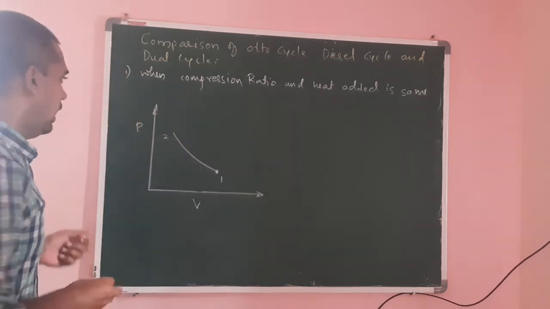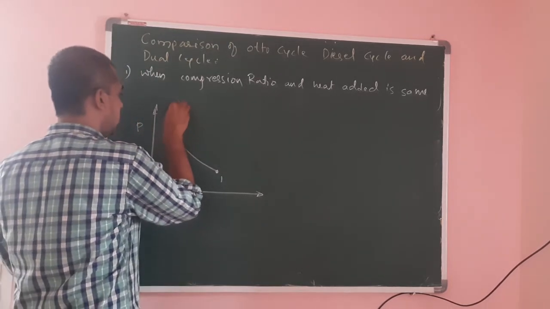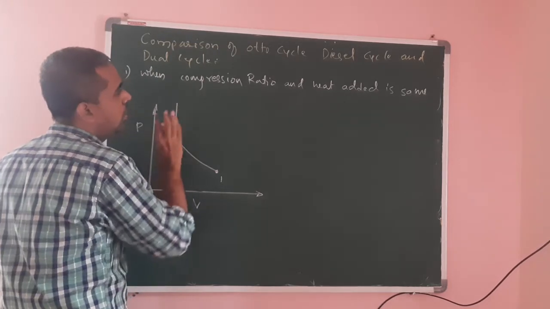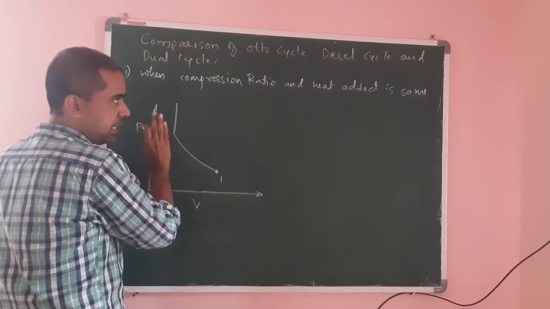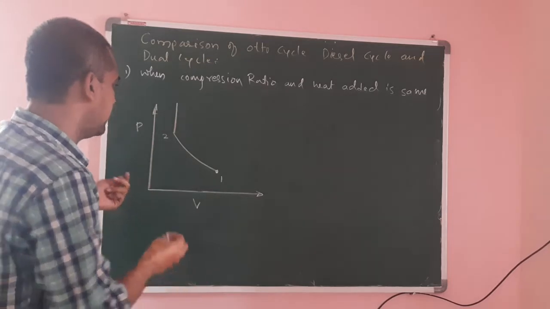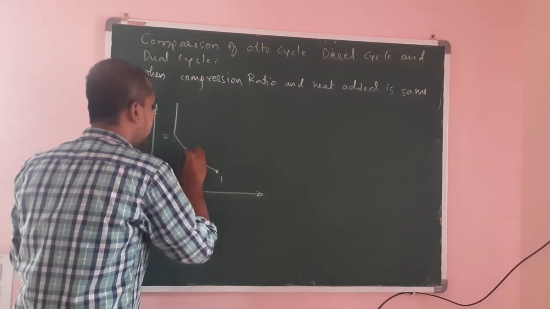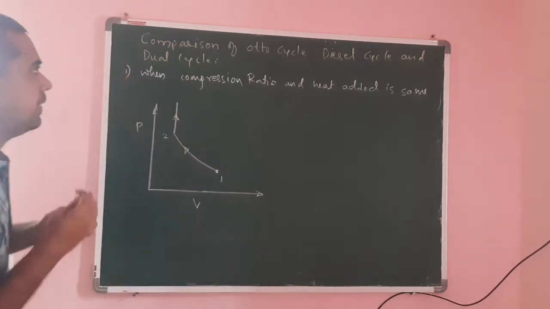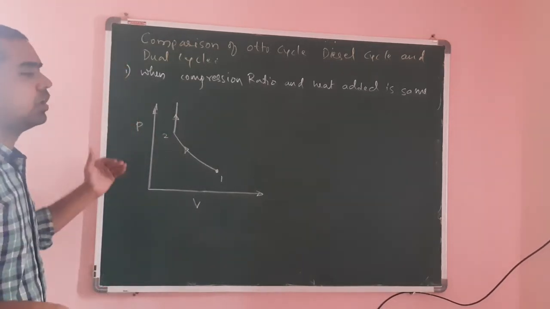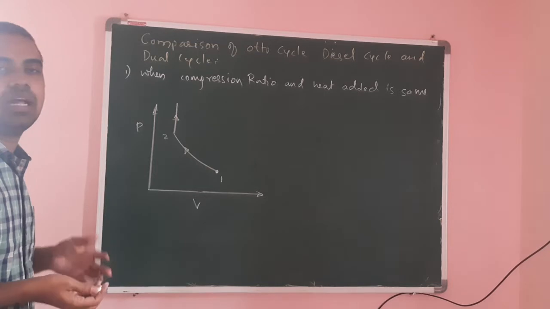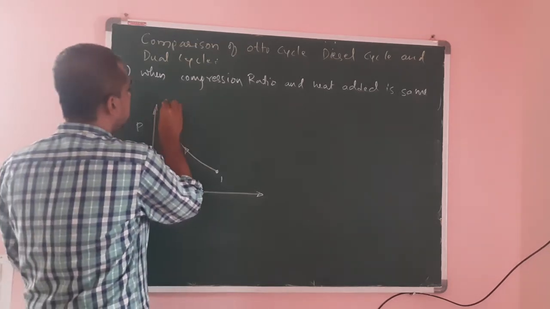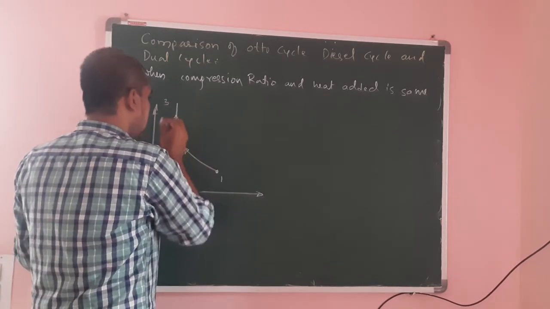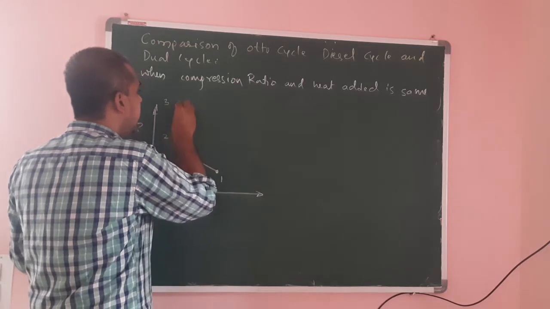First I will draw Otto cycle, after that I will draw diesel cycle and after that I will draw dual cycle, on the same PV diagram. Then we can judge which one is more efficient, which one is less efficient. 2 to 3 is constant volume heat addition.